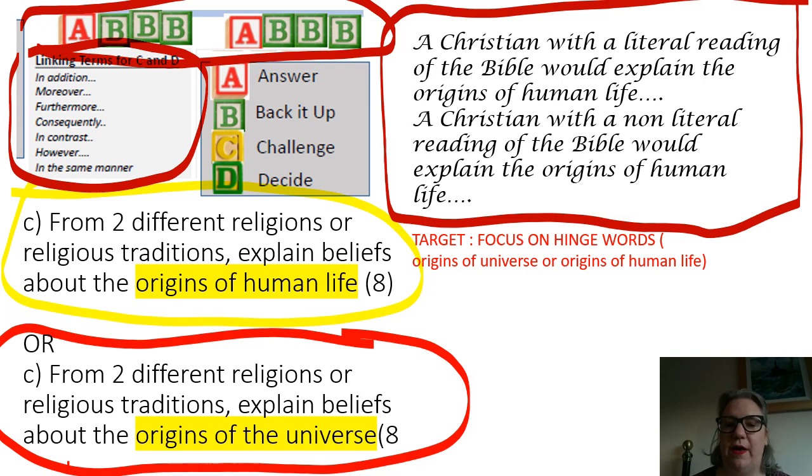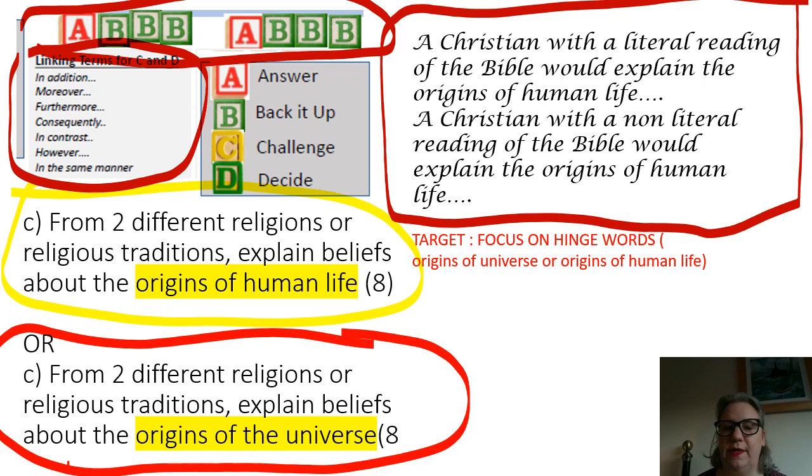So your first paragraph is going to begin, a Christian with a literal reading of the Bible would explain the origins of human life, and then complete that answer and back it up 3 times, linking your back it ups with your words here. Okay, then you're going to do a question with a non-literal reading, and again you're going to complete that answer and back it up 3 times.